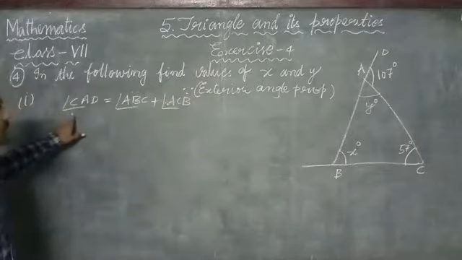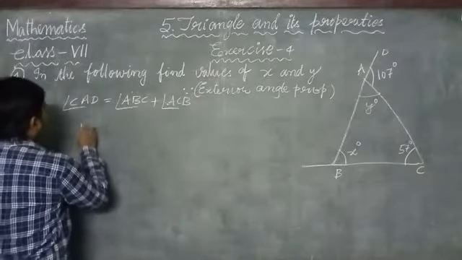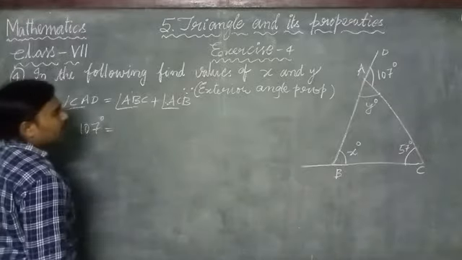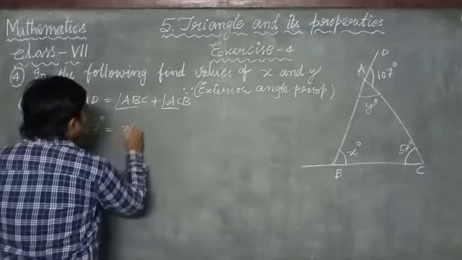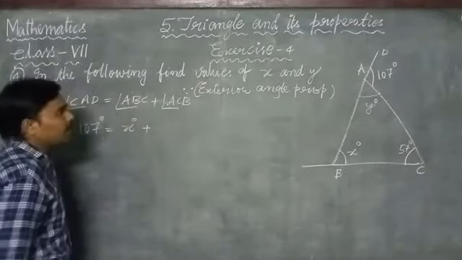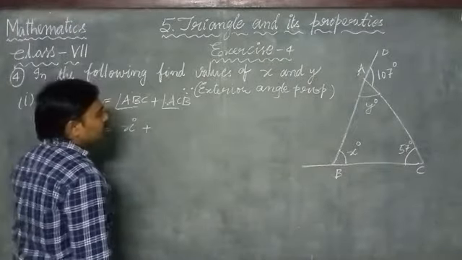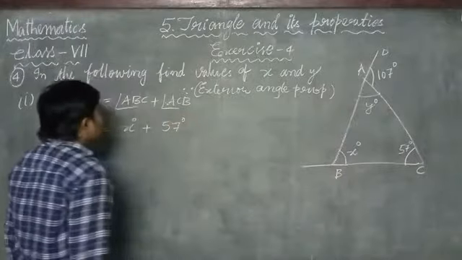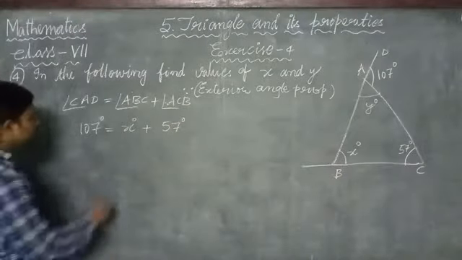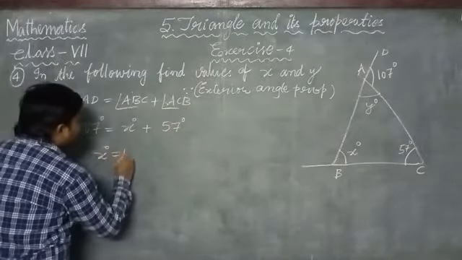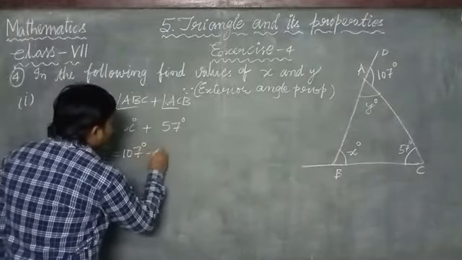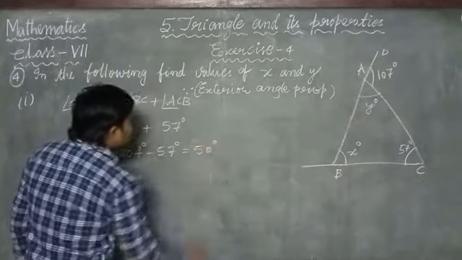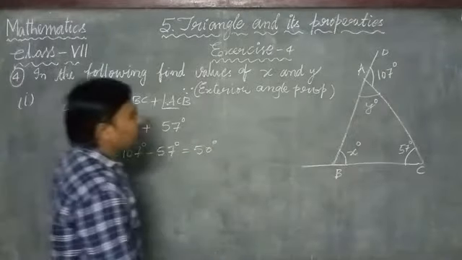Here angle CAD equals 107 degrees, angle ABC equals x degrees, and angle ACB is 57 degrees. From that, x equals 107 degrees minus 57 degrees, which equals 50 degrees. Then x equals 50 degrees.